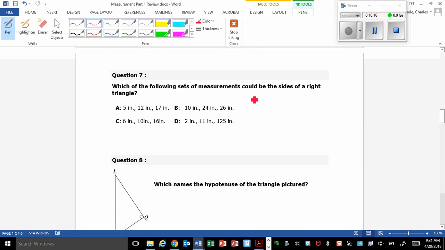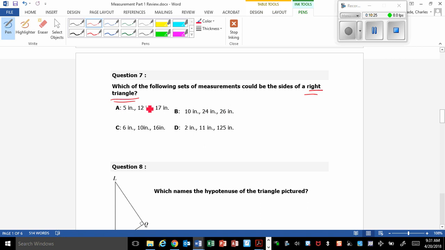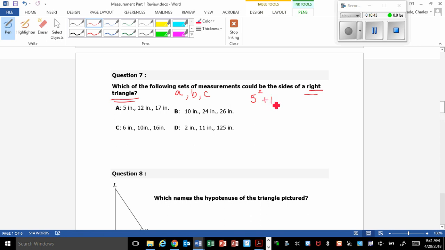Let's go to question 7. Now remember, this deals with Pythagorean triples, but it also means if this squared plus this squared equals this squared, then it is a right triangle. Remember, it's always listed in order A, B, C. So in the first one, we're going to go 5 squared plus 12 squared. Does that equal 17 squared?